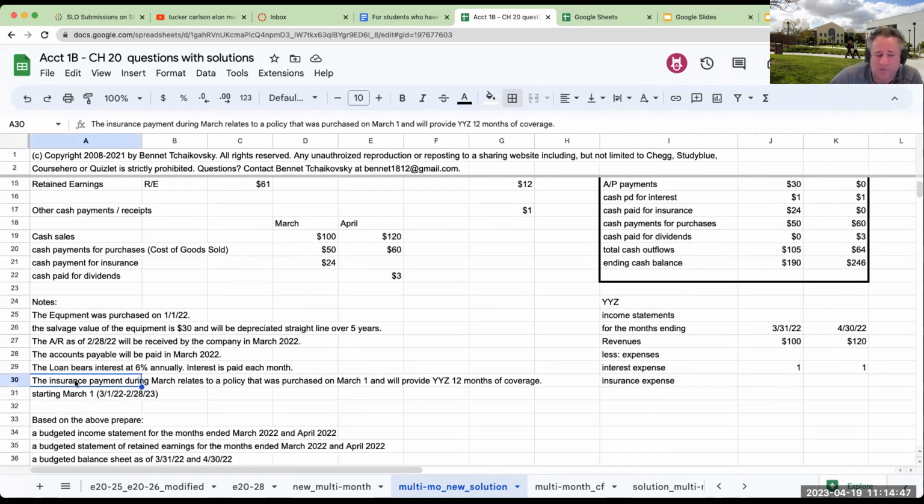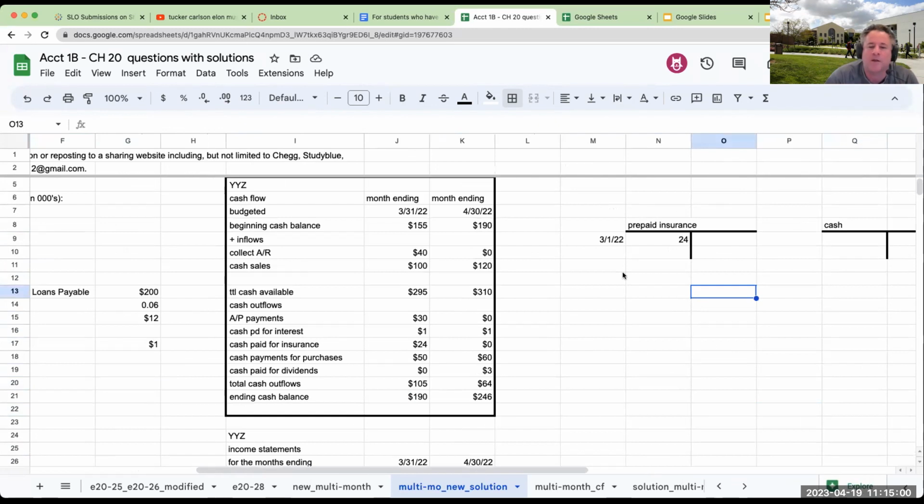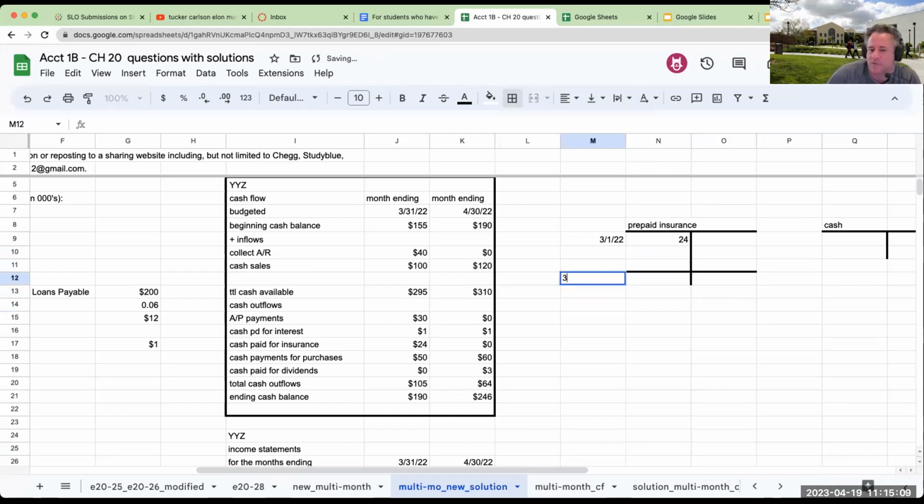So this is an insurance payment during March that relates to a policy on March 1st and provides me with 12 months of coverage. However, if I'm doing a budgeted income statement for the month of March and the month of April, the question is, what's the value of my prepaid insurance account as of 3/31/22? Is it still 24?